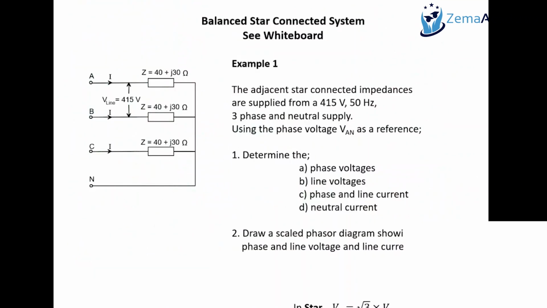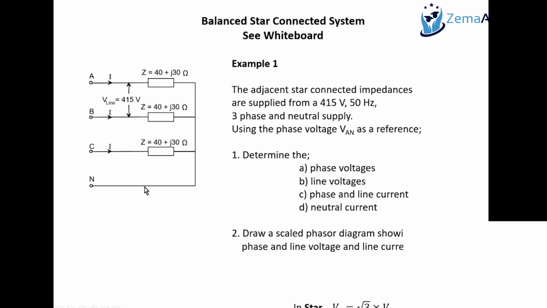Now, part D says calculate the neutral current. I have deliberately put the neutral current because it is a star connection. And when we say the balanced system, which means all of the power would be consumed equally, there will be no difference.